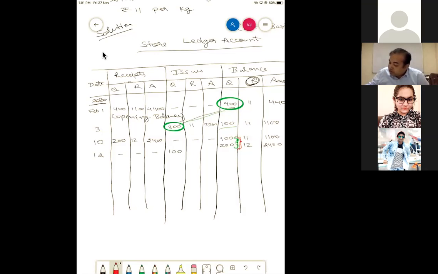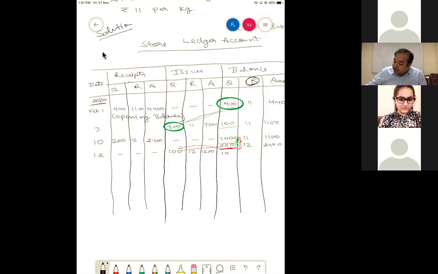Last was your 200. So from this 200 you would be subtracting this 100. So rate would be 12. Amount would be 1200.